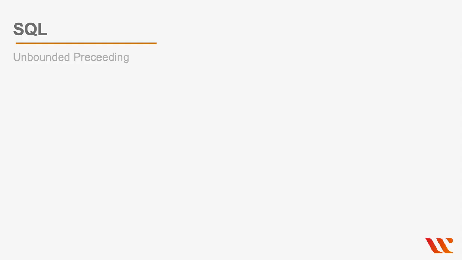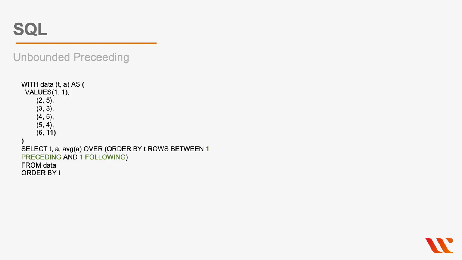Now let's look at another example here. This is the example that we can use to calculate the average amount in a frame of 3 days. So this is also in Postgres. So here we have this function here. We're using the WITH data(T) AS VALUES 1, 1, 2, 5, 3, 3, 4, 5, 5, 4, 6, 11.